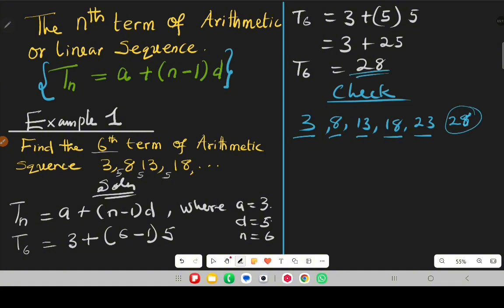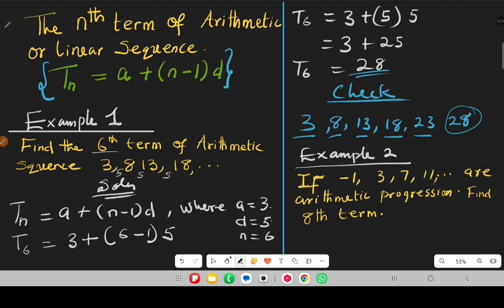Now let's jump to example 2. Example 2 reads: if minus 1, 3, 7, 11, and so on are an arithmetic progression, find the eighth term. We say solution.